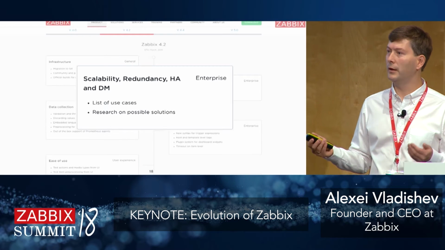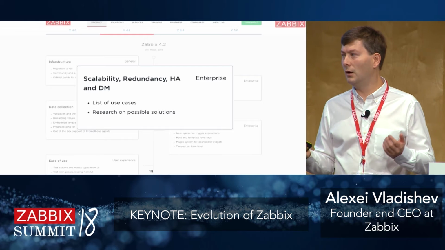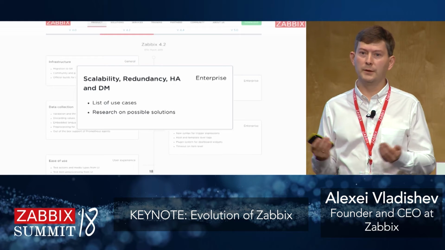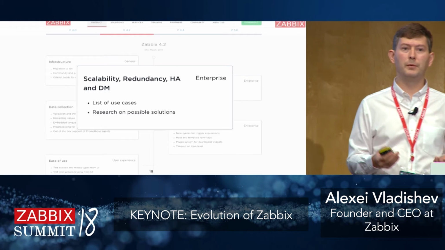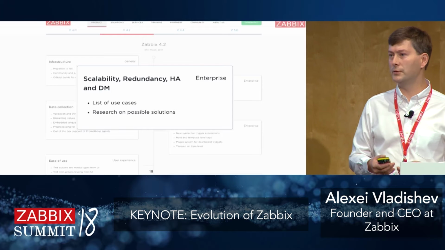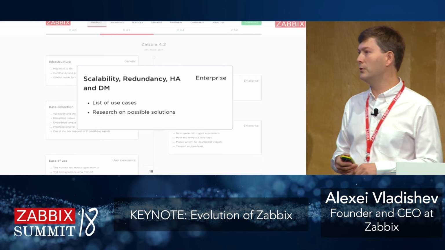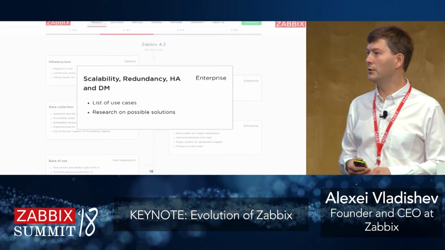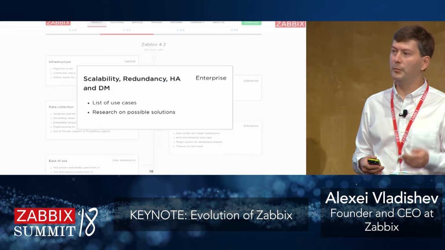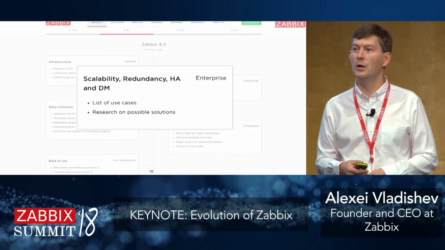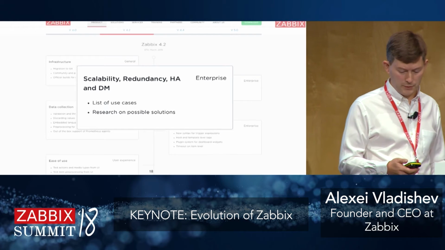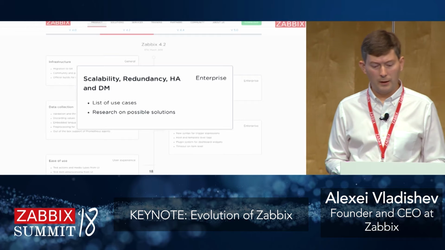So we really want to have a collection and understand what Zabbix should be capable of, how far it should scale, and what use cases for distributed monitoring it should support. And I hope in 4.4 and in 5.0 we'll come with ready-to-use solutions.